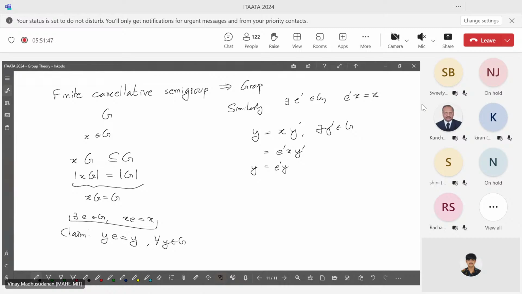Y is equal to x y prime for some y prime. Correct, so that's how you are indirectly using that.